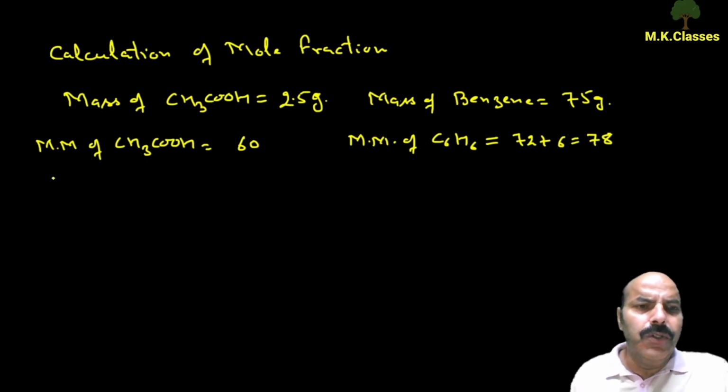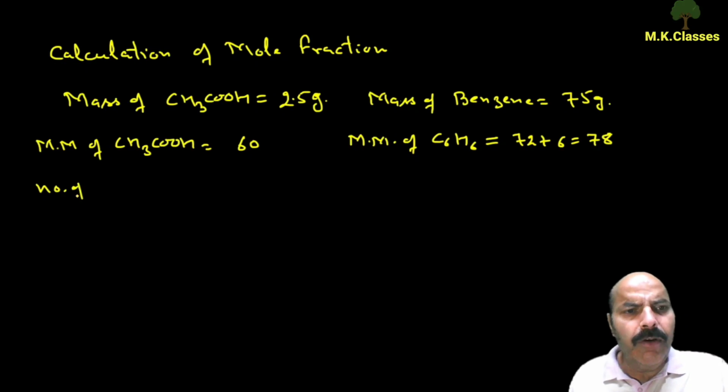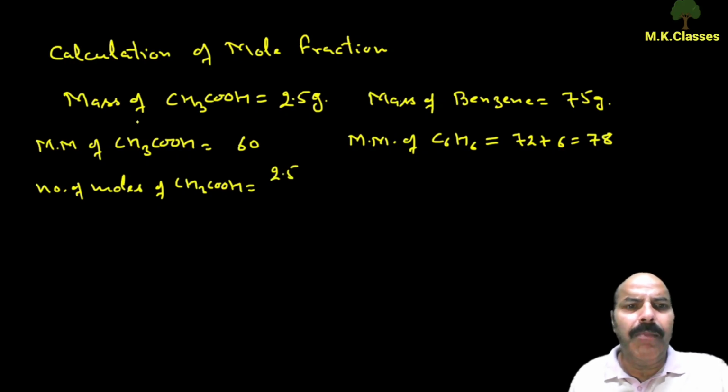Is that clear? So number of moles of ethanoic acid is mass of ethanoic acid divided by this 60 beta, that is the molecular mass.